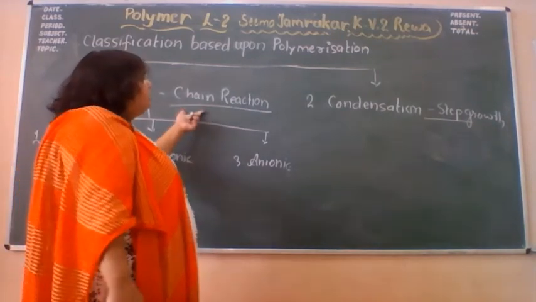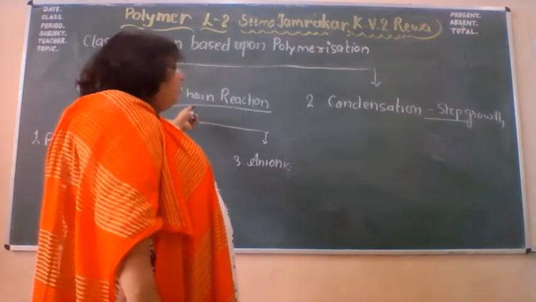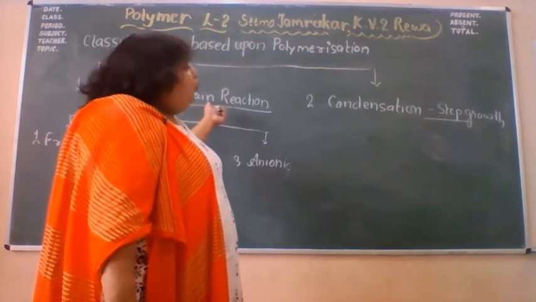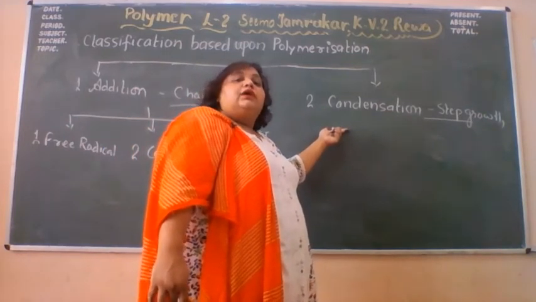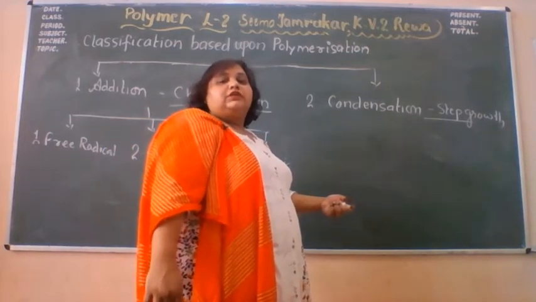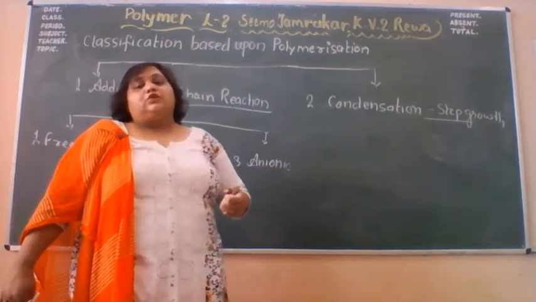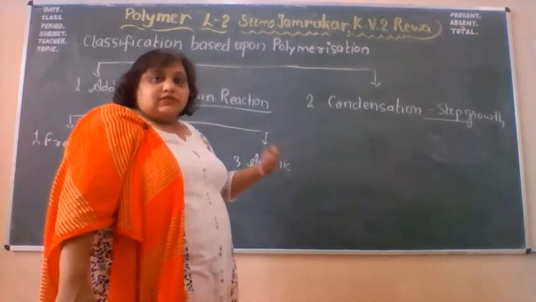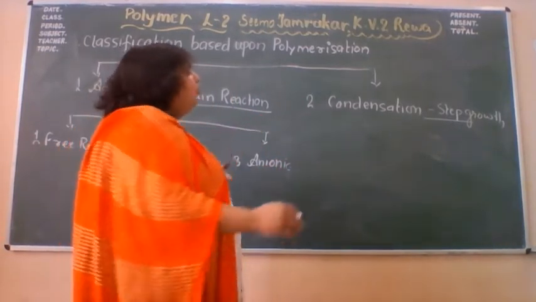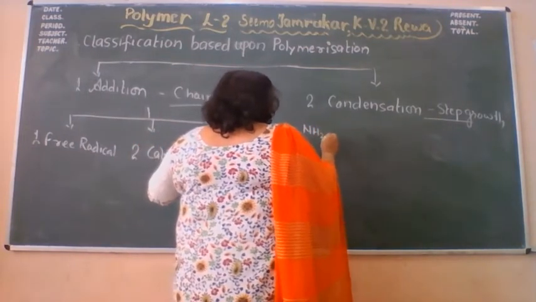So whenever the monomer units are unsaturated, it will be addition, whereas where 2 different kinds of functional groups are present, it will be condensation. Yesterday I gave the example of nylon 6,6. Again I am just going to give you the example of the same so that you always remember this.